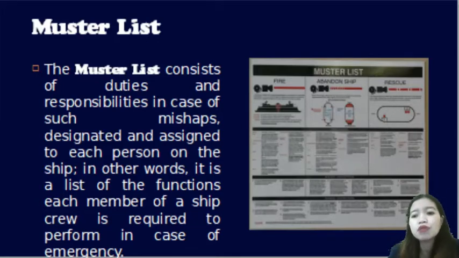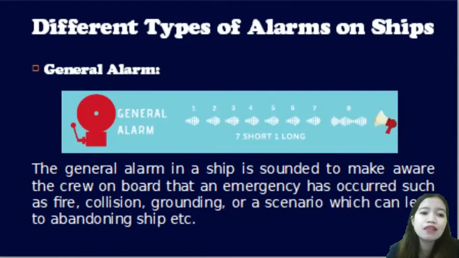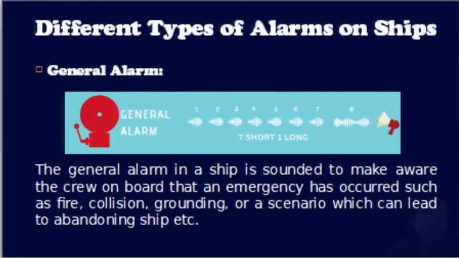Nandito po yung mga duties and responsibilities ng bawat crew. Kung ano yung gagawin nila, for example, ano yung gagawin ng bawat crew in case na merong man overboard, merong machinery malfunction. Nandito po stated yung mga duties ng each crew. Isa-isa po yan.